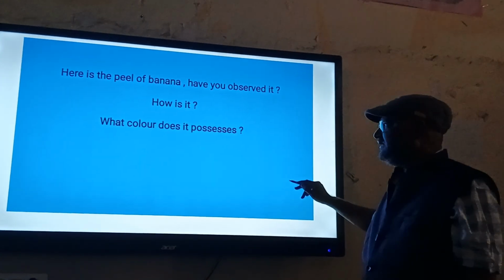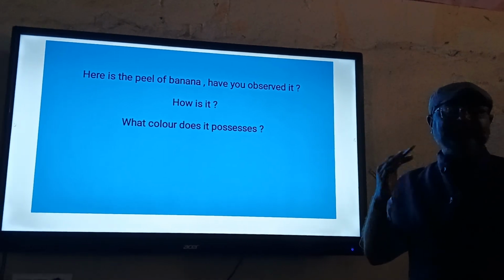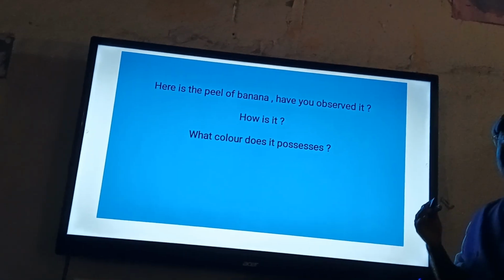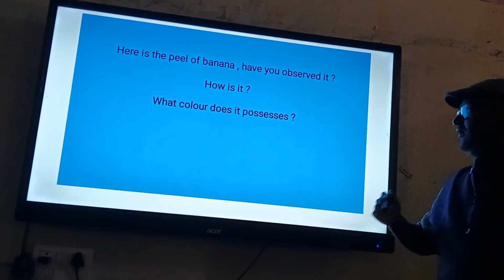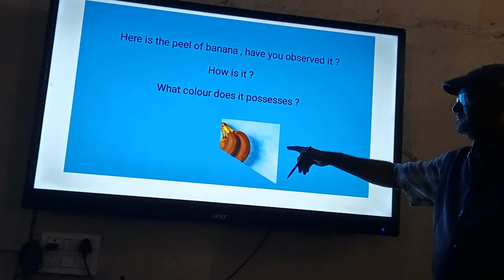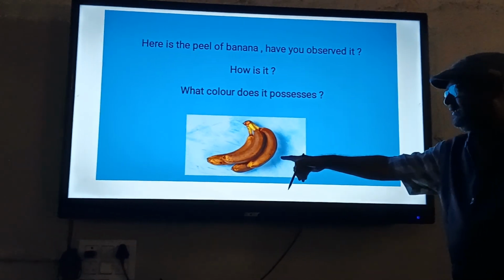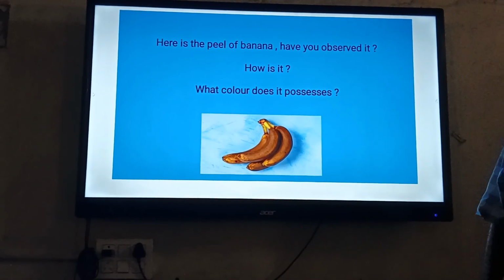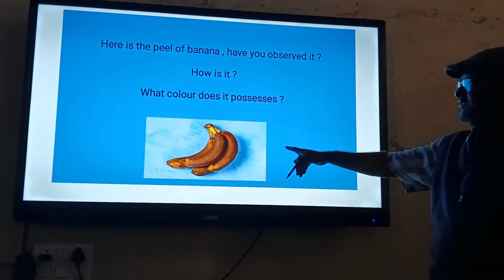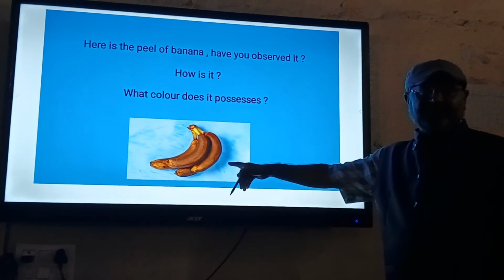Brown. What might be the color? Say a little bit aloud. Brown. No, you just see now. Here is the peel of banana. It turns into what type of color? Brown color.